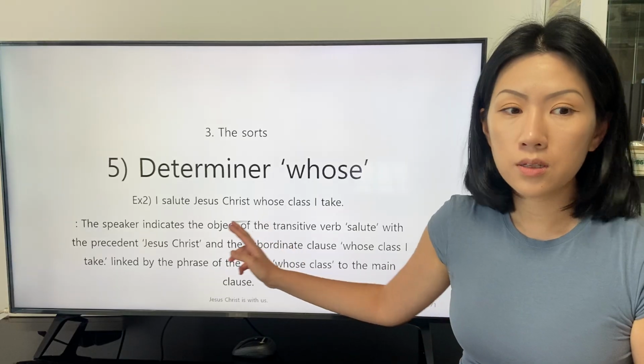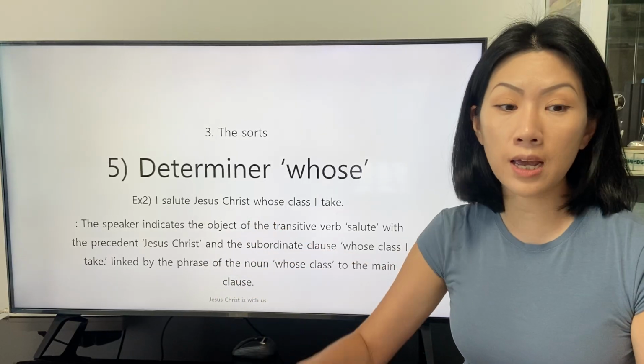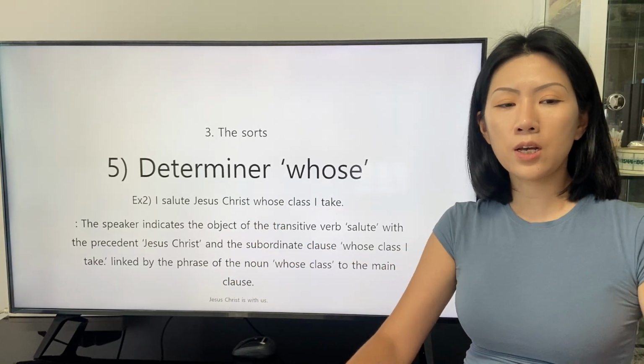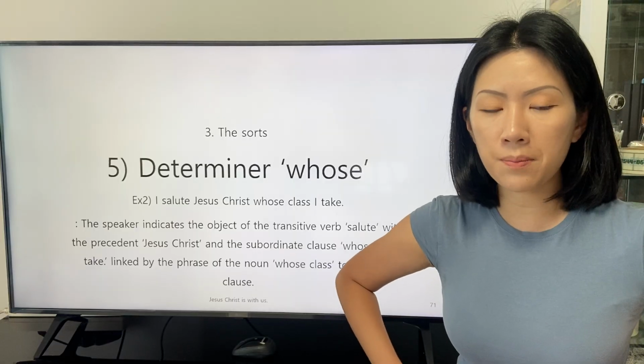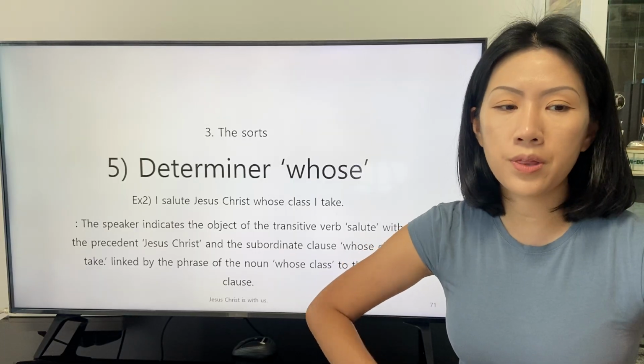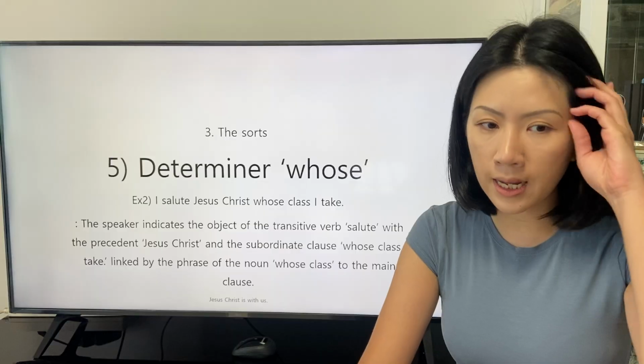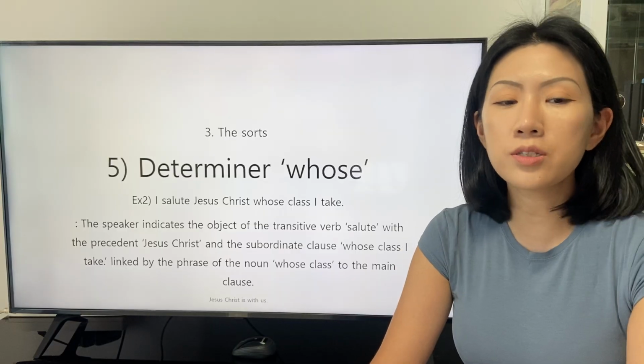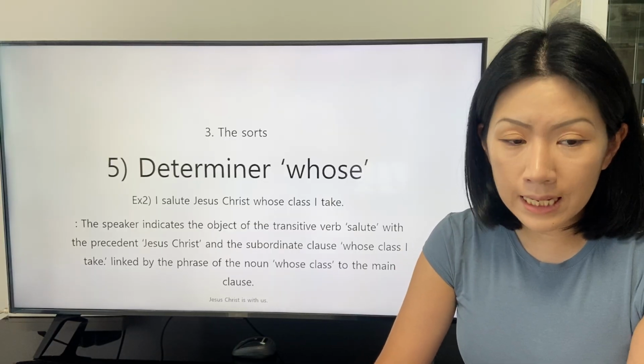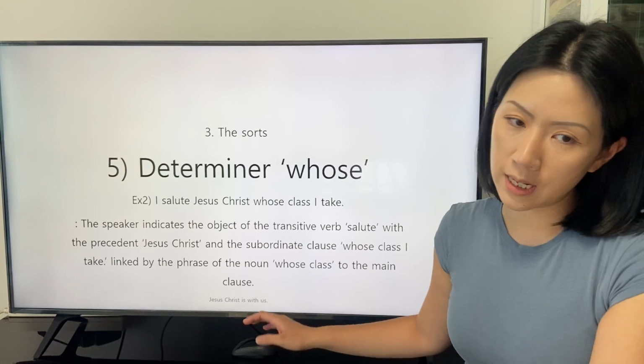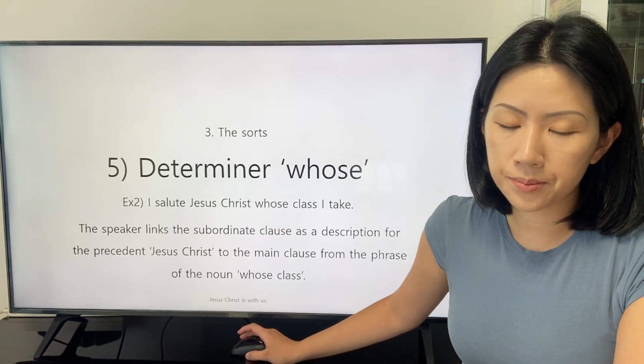Let's read the explanation together. The speaker indicates the object of the transitive verb salute with the precedent, Jesus Christ, and the subordinate clause, whose class I take, linked by the phrase of the noun whose class to the main clause.